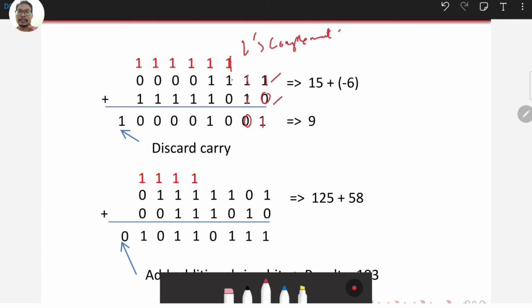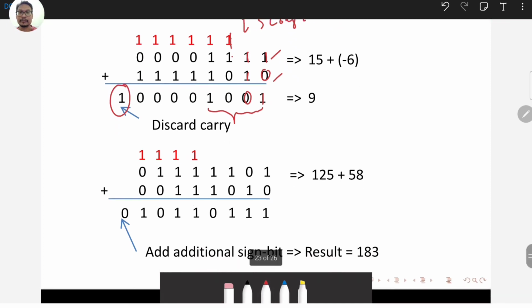Finally we discard the carry, and the answer is 9.